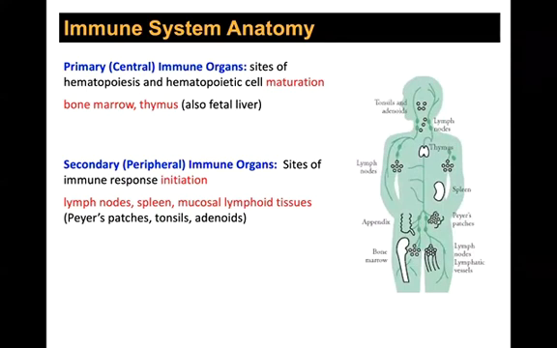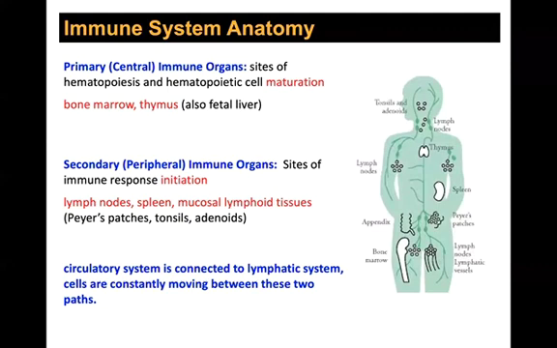These are things like the Peyer's patches, tonsils, adenoids. These are associated with mucosal surfaces where we often get infected. In many of the mucosal lymphoid tissues, these don't actually exist until after infection, so it's sort of like a de novo lymphoid tissue.